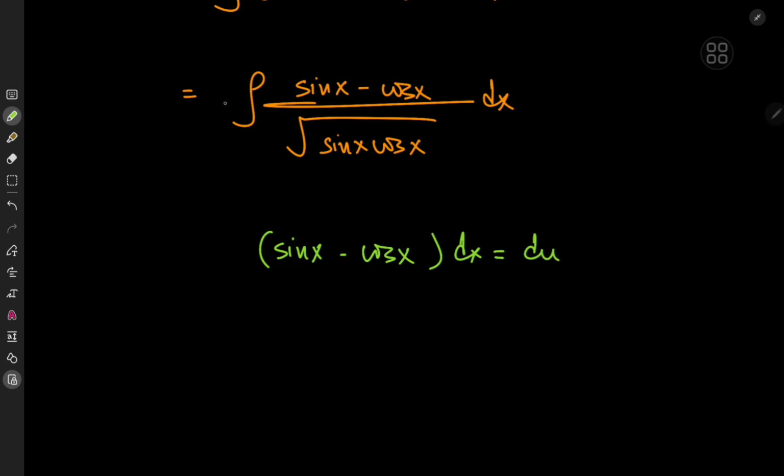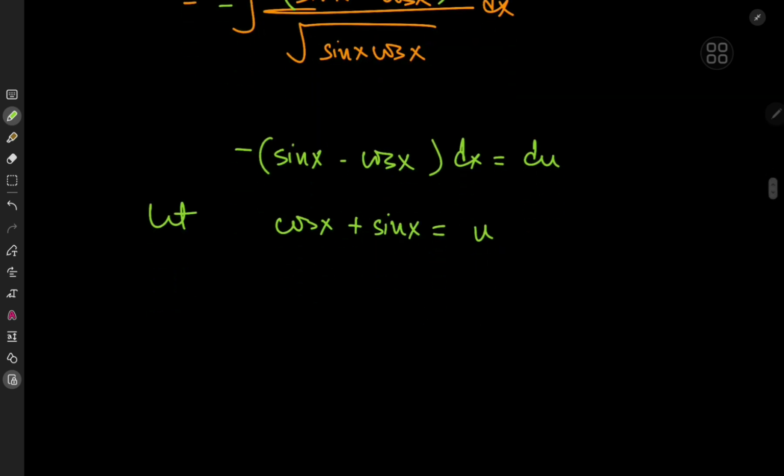And let me introduce a couple of negative signs here. So now on integration, I have sine x turning into a negative cosine x function, and the two negatives cancel out. So I have cosine x, and the cosine function gives us a sine function on integration, and the two negatives again cancel out, giving me cosine x plus sine x equal to u. So that's what the substitution needs to be.